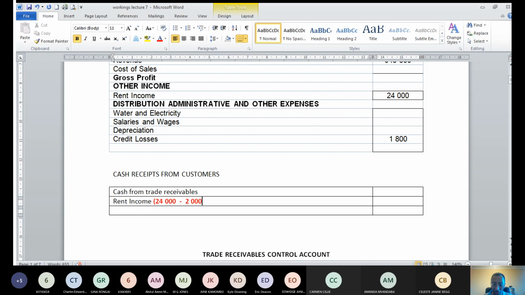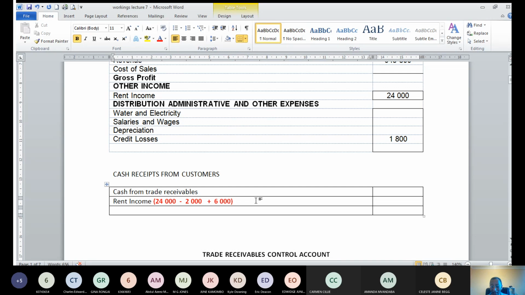We were supposed to receive 24,000. At the end of the year, 2,000 is still due. Therefore, for the current year, we only received 22,000 Rand. But at the start of the financial year, there was 6,000 Rand outstanding.